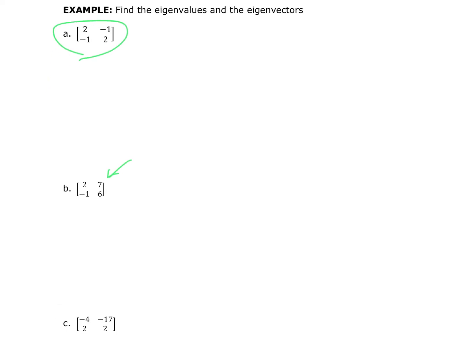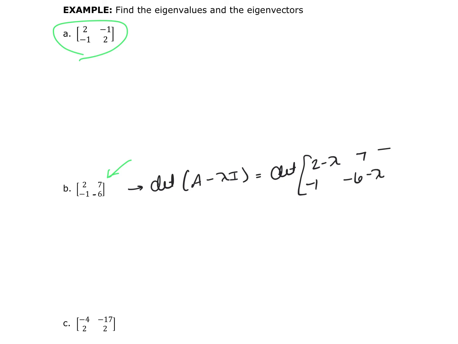Before I do that, I need to make a correction. This should be a negative 6 right there. So when I do my determinant of A minus lambda I, this is going to be the determinant of 2 minus lambda, 7, negative 1, negative 6 minus lambda.